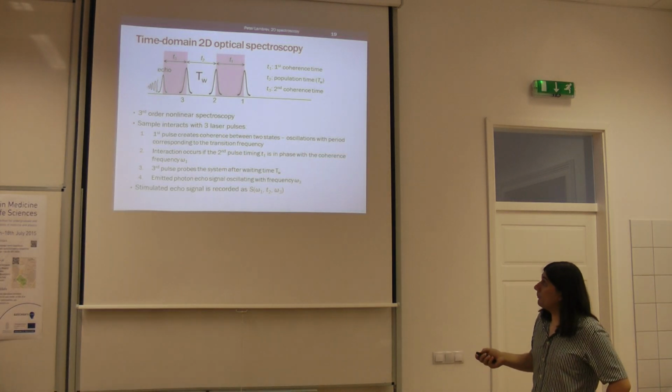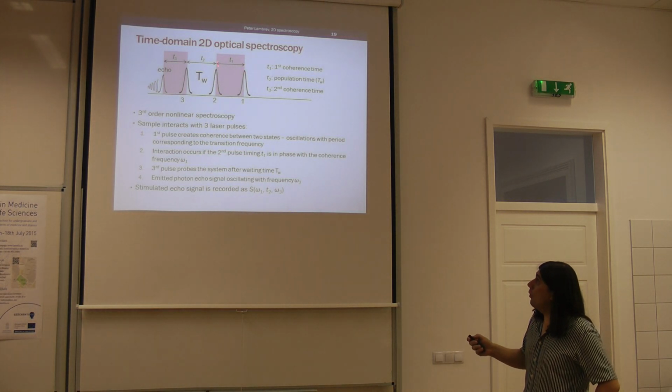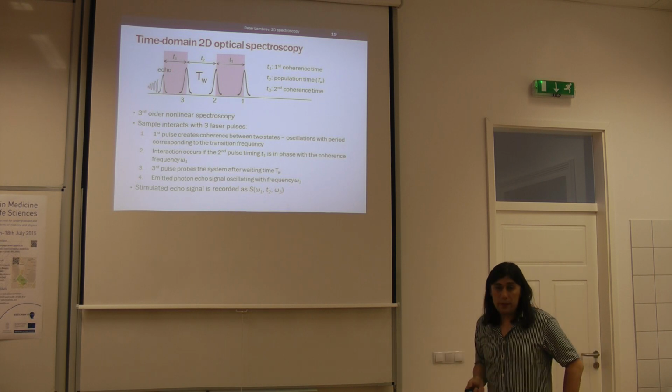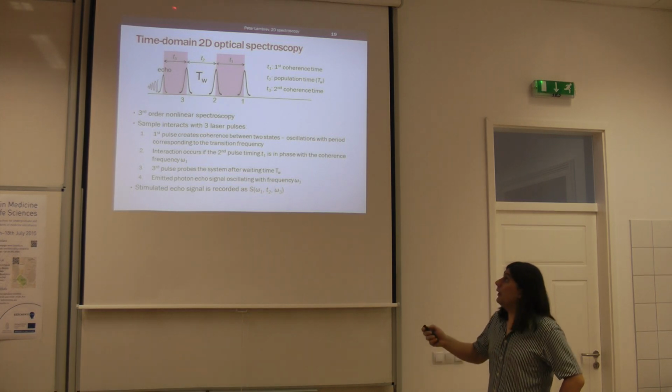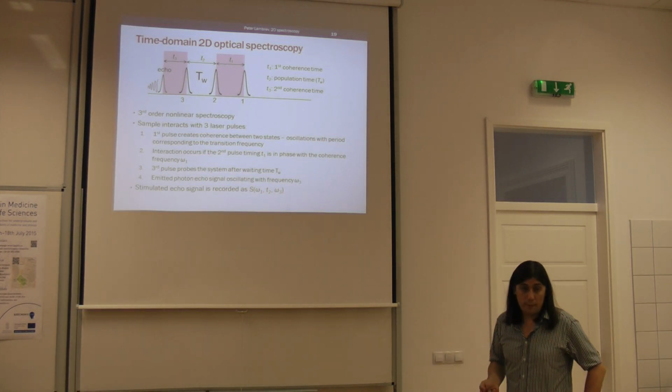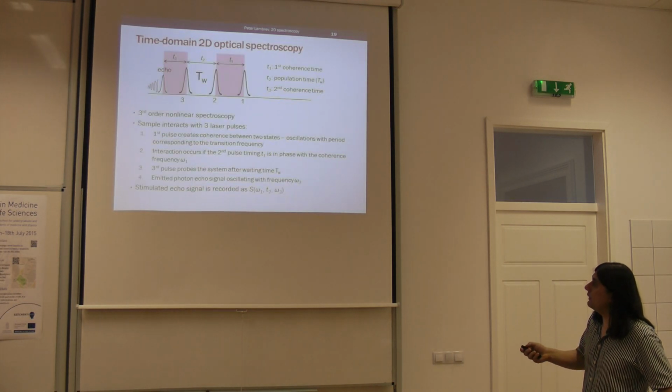So at the end, we have two frequencies. One is called omega 1, frequency 1, and one is called omega 3, or frequency 3. That will be the frequency of the pump, and that will be the frequency of the probe interaction. So the signal is then, just like in pump probe spectroscopy, we have the frequency, time, and another frequency.